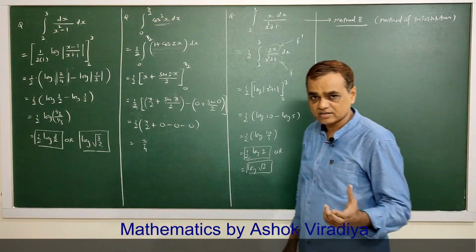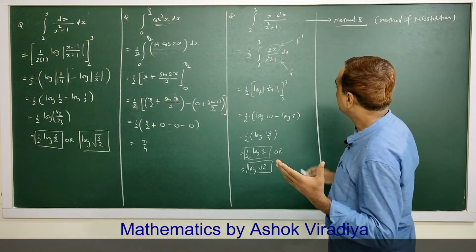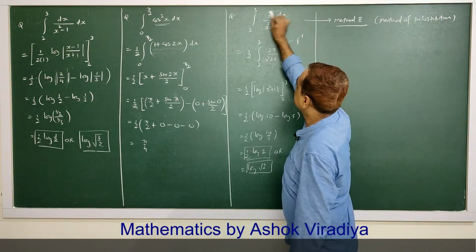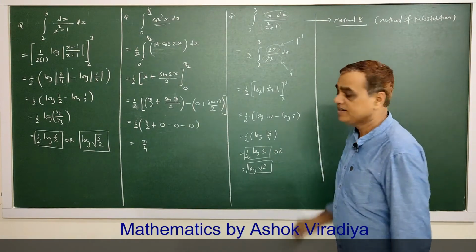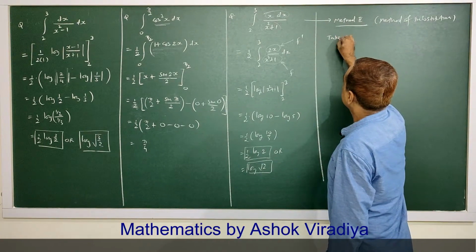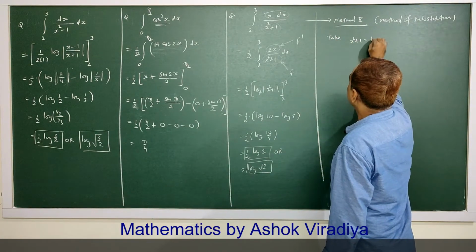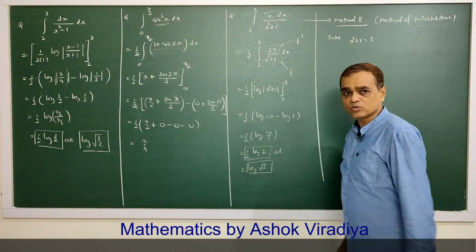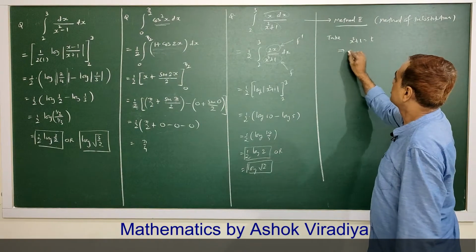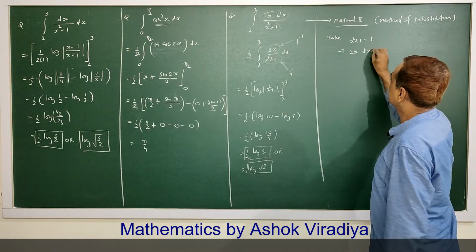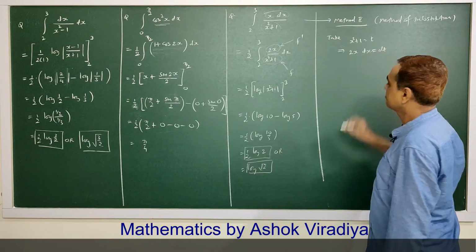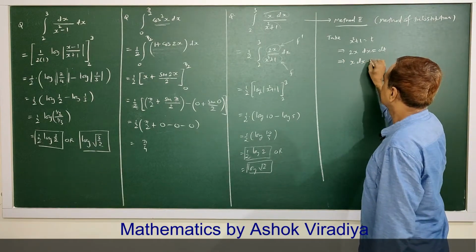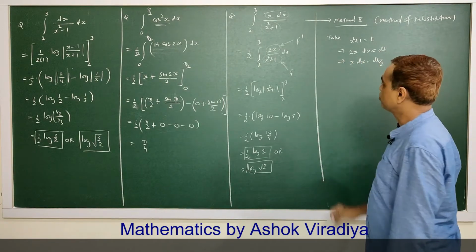In this method, what we do, we substitute. To remove this x dx, we take x square plus 1 equal to t. Taking x square plus 1 equal to t, that means 2x dx is dt. That is, x dx is dt by 2.